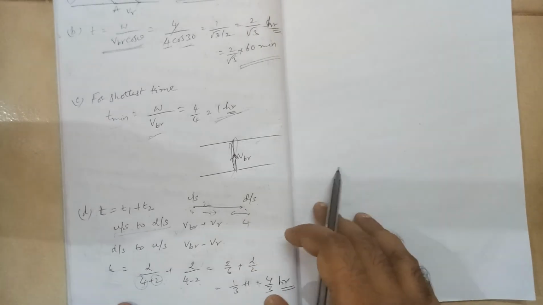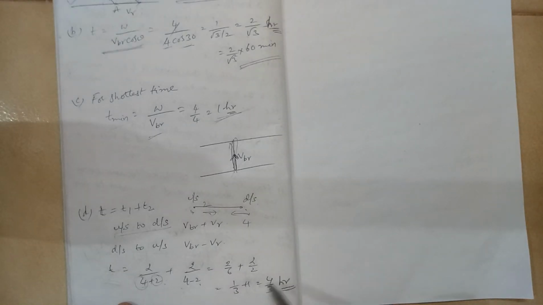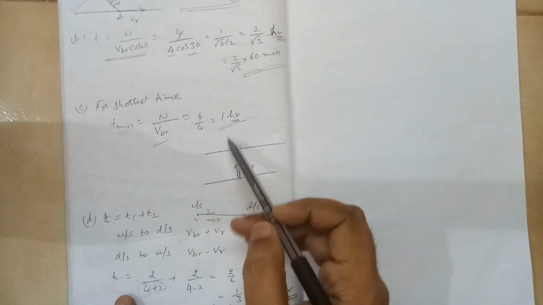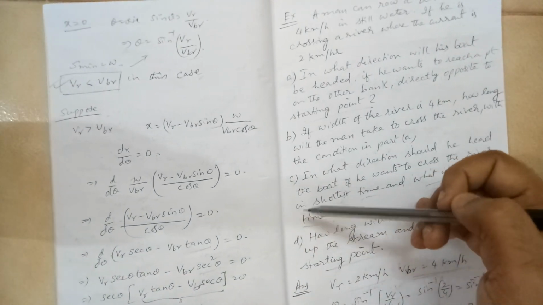So his speed will be reduced. He will take more time. Okay. You simplify this, you get 4 by 3 hours. And in minutes you want to calculate, 4 by 3 into 60 is 80 minutes. Okay. So this question is slightly different from what we have done in the first 3 parts. Okay, please note that.